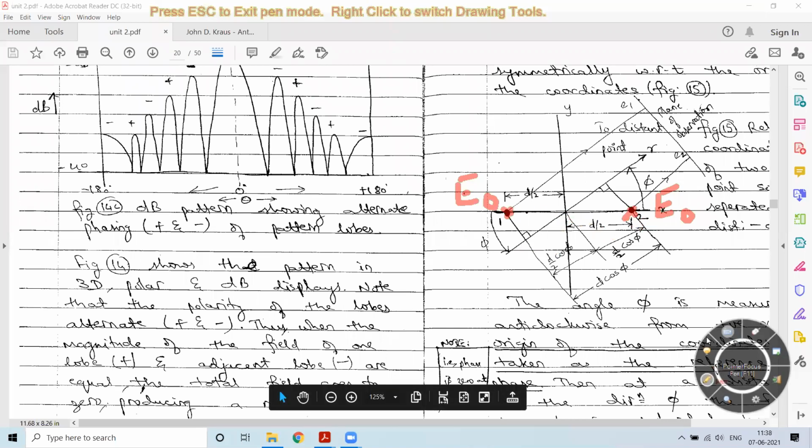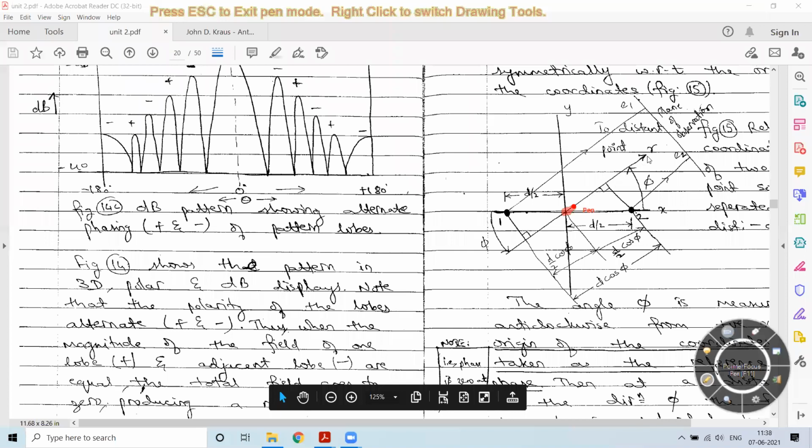But now, because we are considering a distant point r from this reference point, we need to identify what is E1 and E2 with respect to this reference point. So if you just observe, consider a wave which is moving from this reference point.